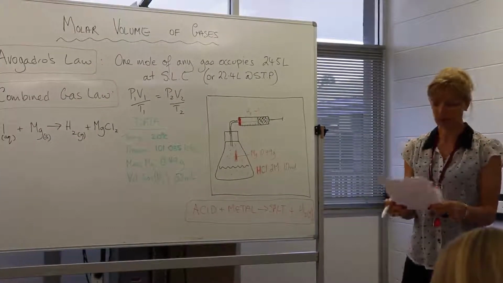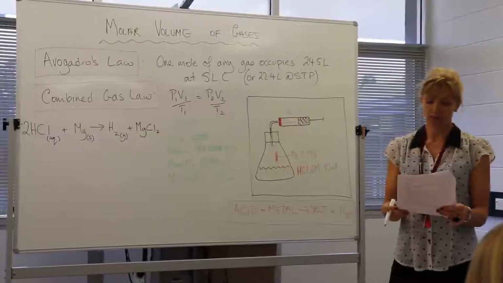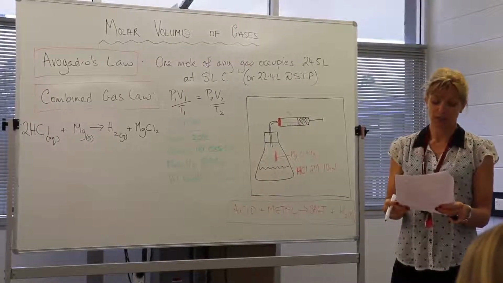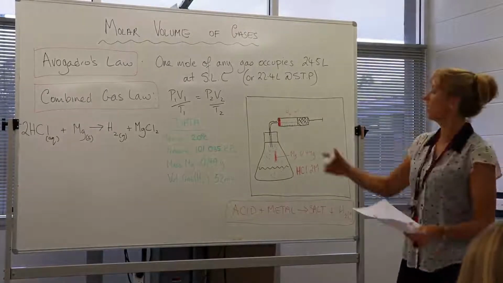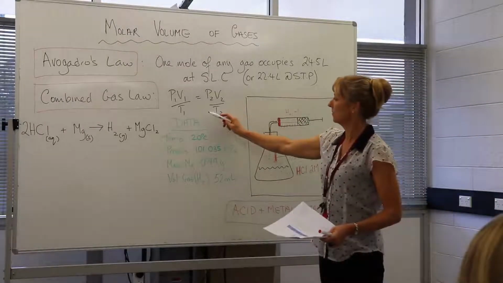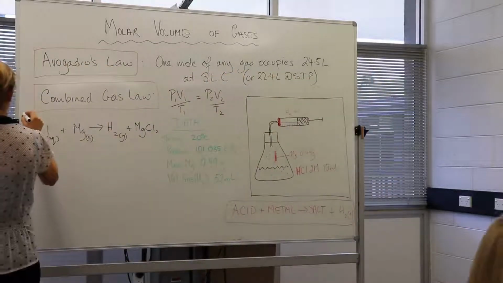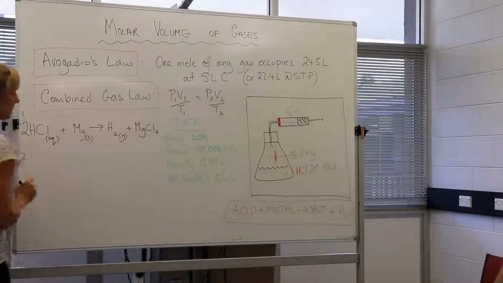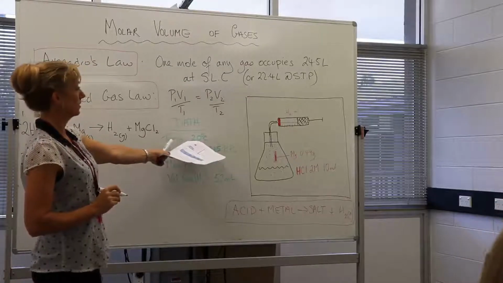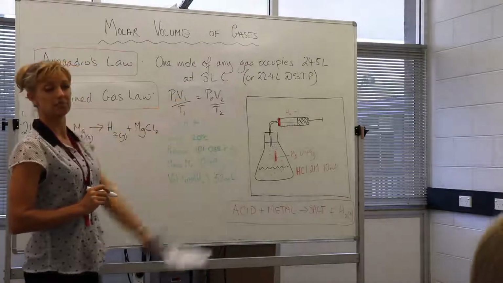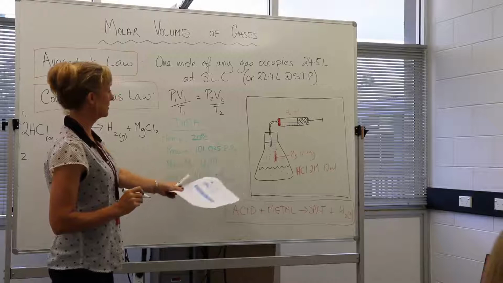So the second question says, convert the volume of hydrogen collected at the temperature and pressure measured in the experiment to standard laboratory conditions. So that's why we use our combined gas law. So this was A, this is 1. Question 2. You can see temperature at 20 degrees is not standard laboratory conditions, is it? And also the pressure of 101.035 is not.